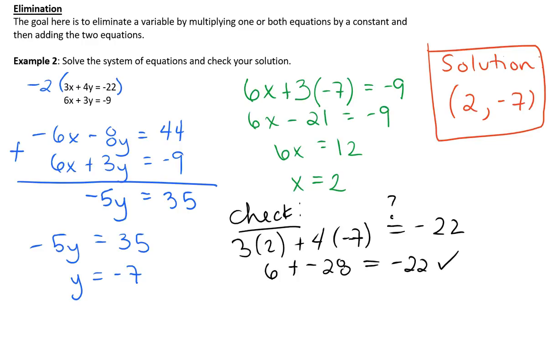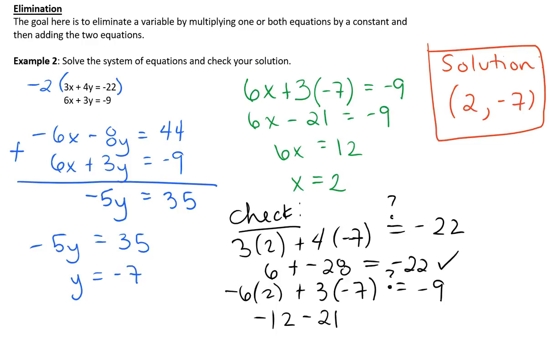Let's try it for the second one. We have 6 times 2 plus 3 times negative 7 equals negative 9. Is this true? Well, negative 6 times 2 would be negative 12. 3 times negative 7 would be negative 21. Negative 12 minus 21 is not negative 9.